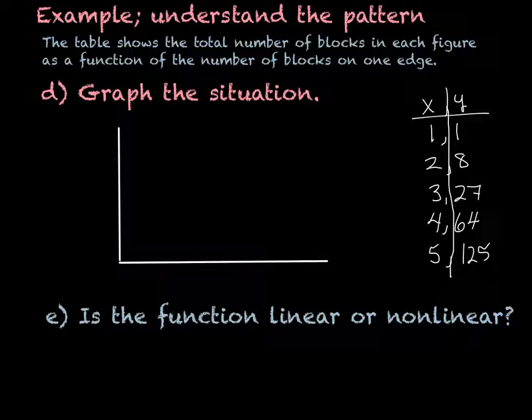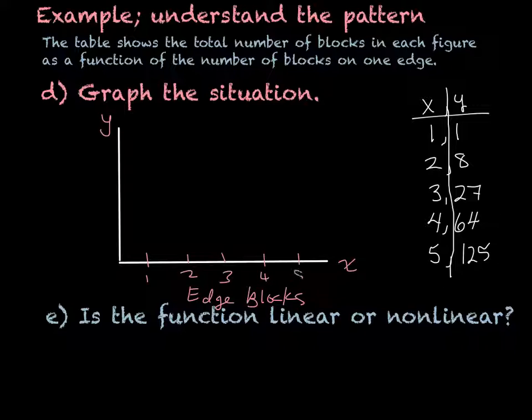Finally, we have to graph it so that we can tell if it is linear or nonlinear. I'm just going to sketch out a quick graph with my x and my y. This would be the edge blocks, so that would make it 1, 2, 3, 4, and 5.